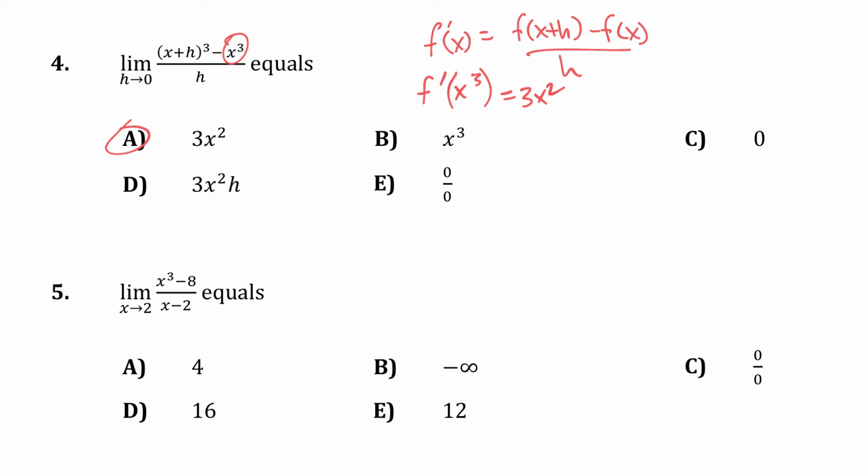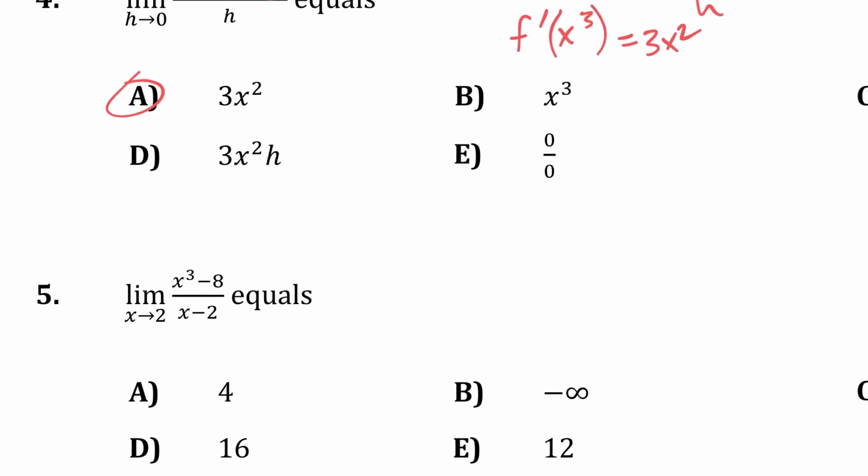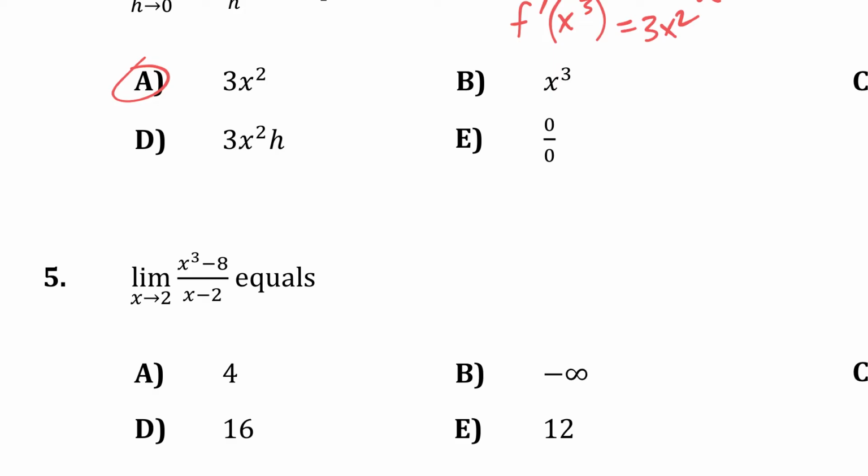So it's really just recognizing what the function is and taking the derivative of that. Super easy. Okay. For number 5, it's different from number 3 because in number 3 you can just factor easily. You probably could factor this one, but I can't remember what that factoring is for the numerator. So we're just going to use L'Hopital's rule, where you take the derivative of the numerator.